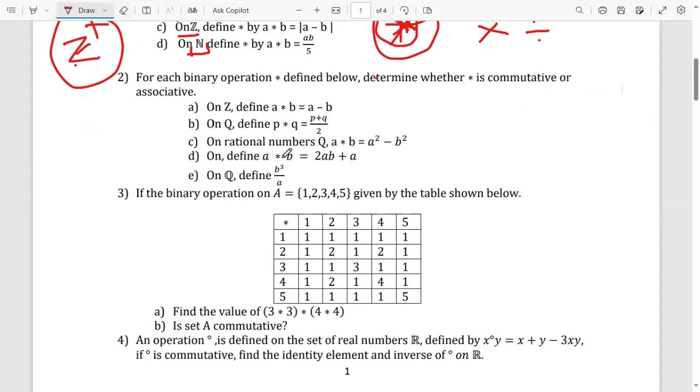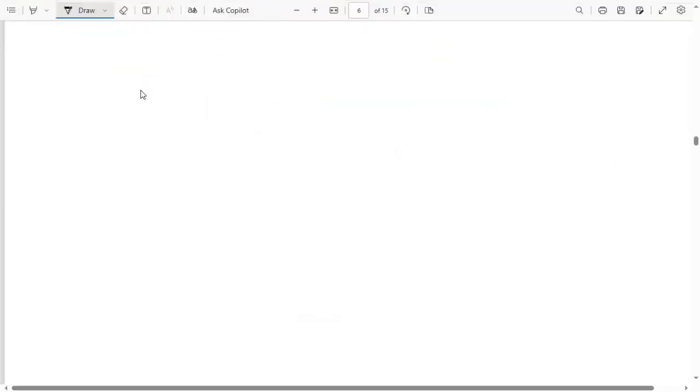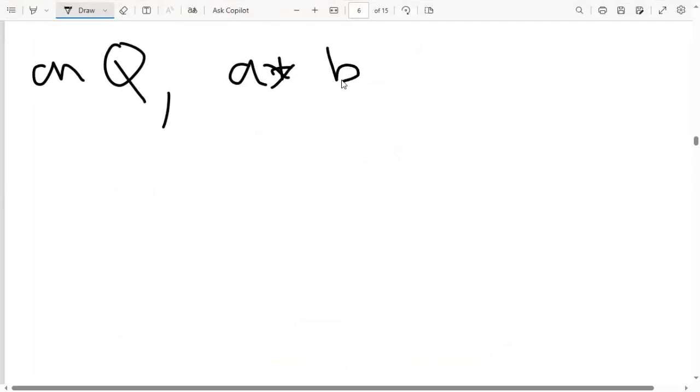All right, so let's look at this guy here. We have a set of rational numbers, Q, and A star B simply means A squared minus B squared. So is that associative, and is it commutative? So we have that A star B is equal to A squared minus B squared.